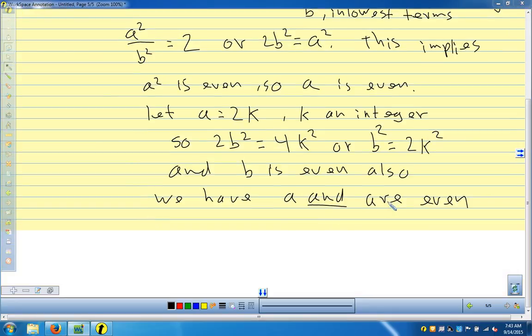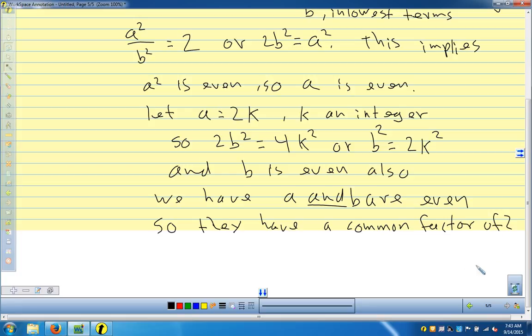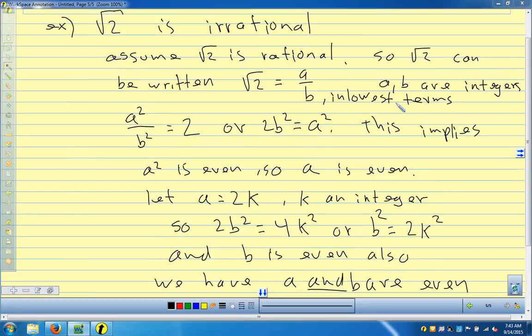But we just said a and b are even, so they have a common factor of 2. Which is a contradiction, because we said that this is a fraction in lowest terms.